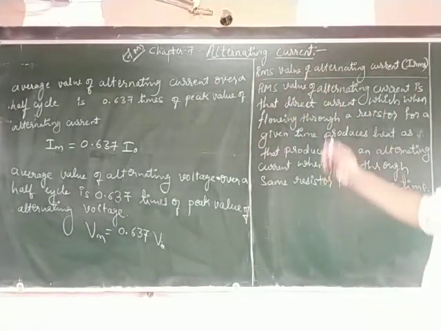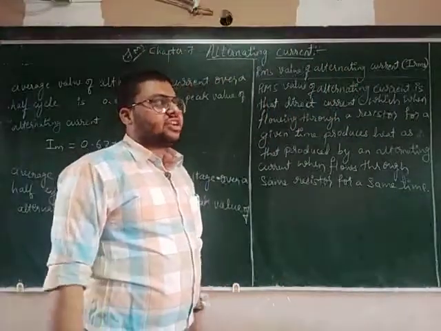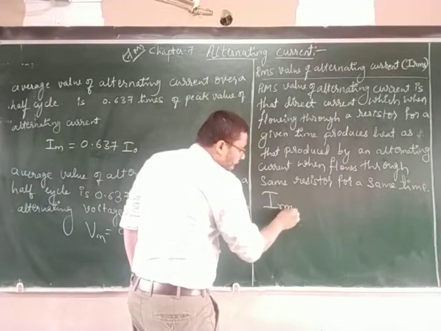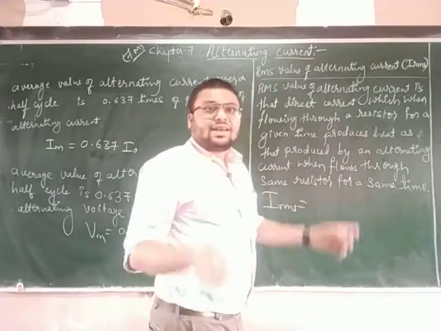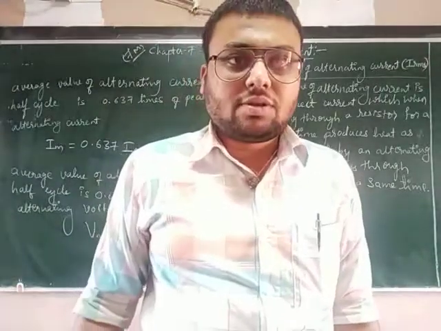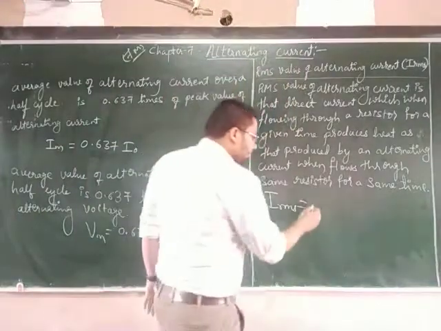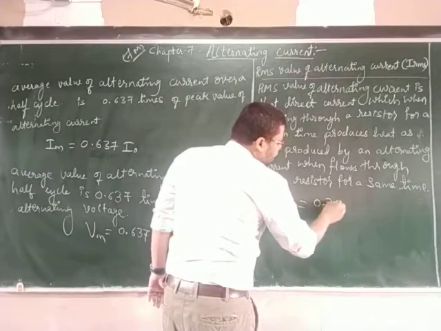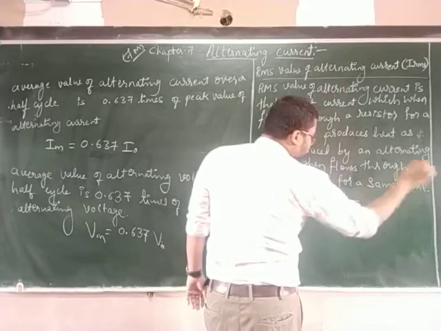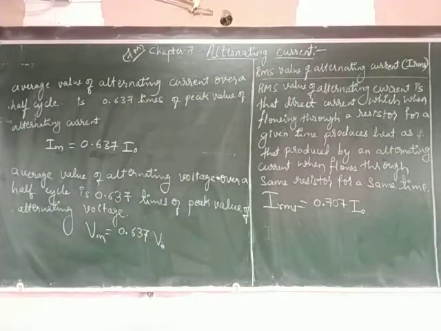Right. This is the meaning of RMS value of alternating current. Okay? If you want to write it equationally, then RMS value of alternating current, I RMS, is 0.707 times the peak value of alternating current, that is, 0.707 times the peak value I0. Okay?